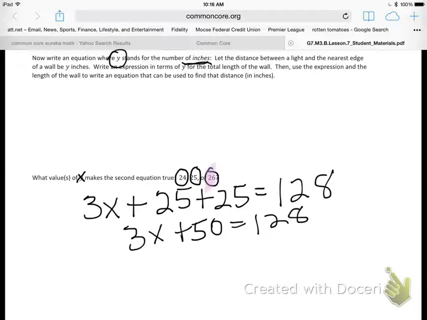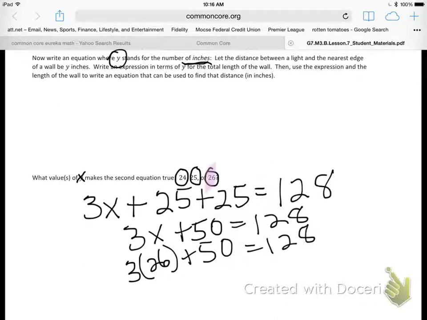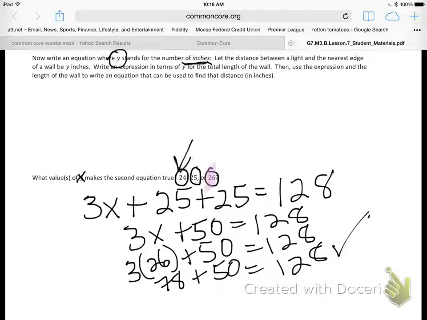If we plug in 26, 3 times 26 plus 50 needs to equal 128. 3 times 26 is 78, plus 50, and that does equal 128. So that is true. You can see that if we plugged in either 25 or 24, we would not get the correct answer.